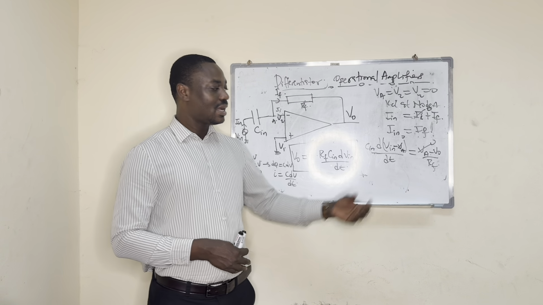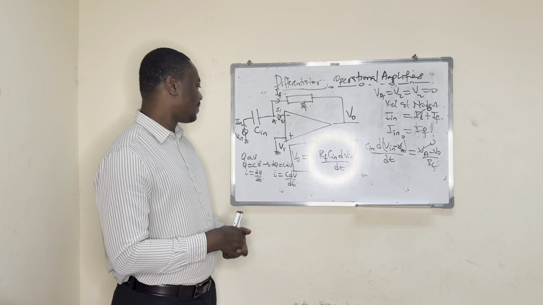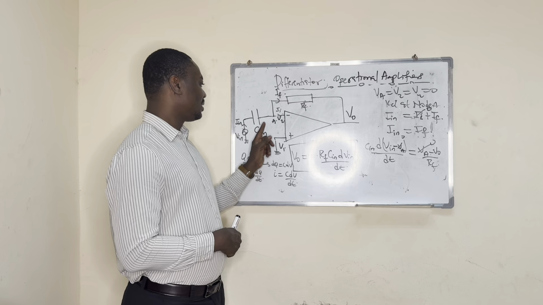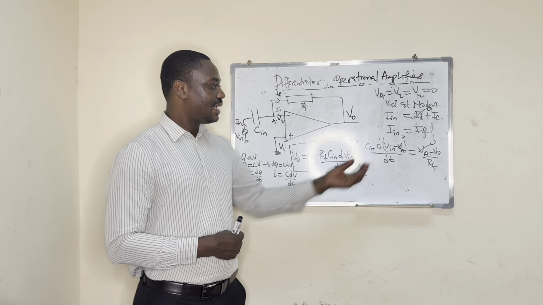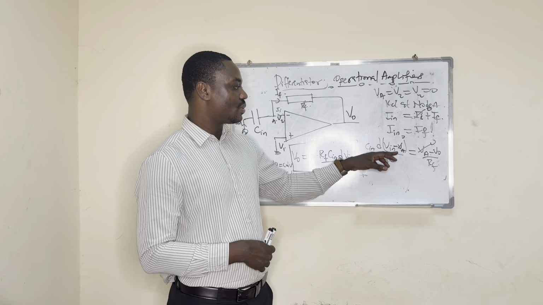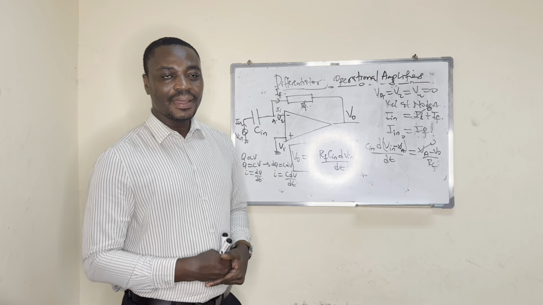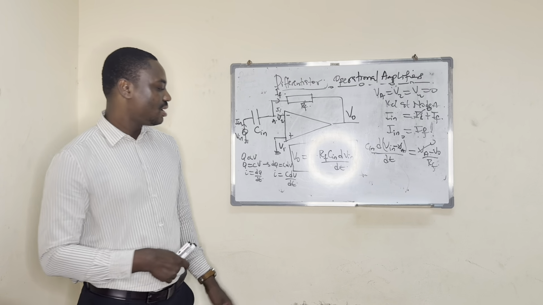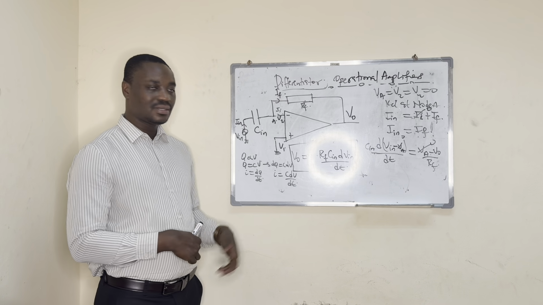Then we apply our notion of potential difference. If I_in starts from V_in and arrives at node A, the potential difference is V_in minus V_A. But here we have a capacitor, and for the current passing through a capacitor we have this relationship.